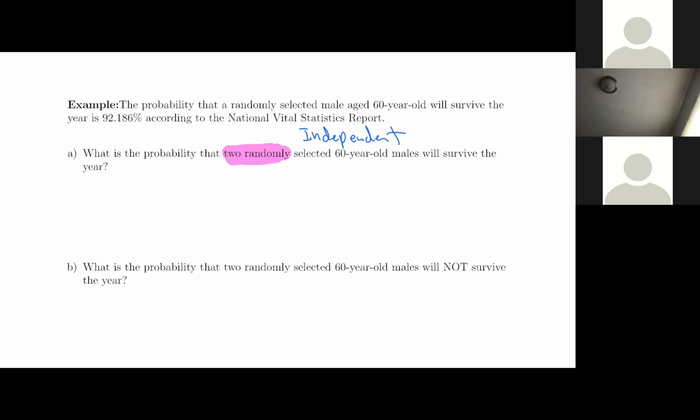All right, so for this one, we want both of them to survive or not to survive? To survive. Yeah, so we want the first one to survive, but we also want the second one to survive.